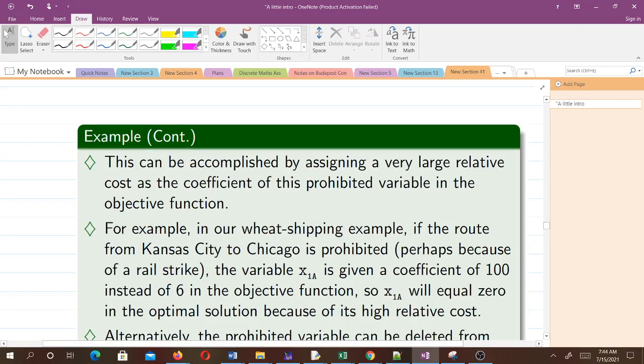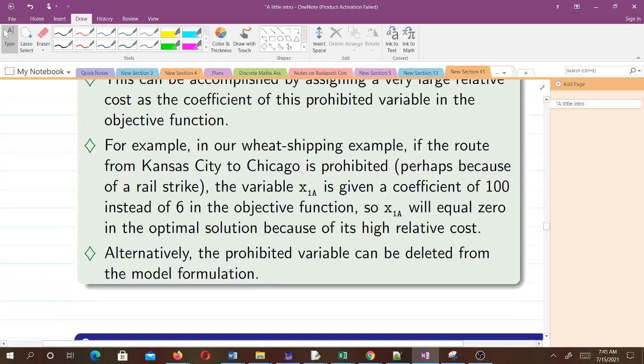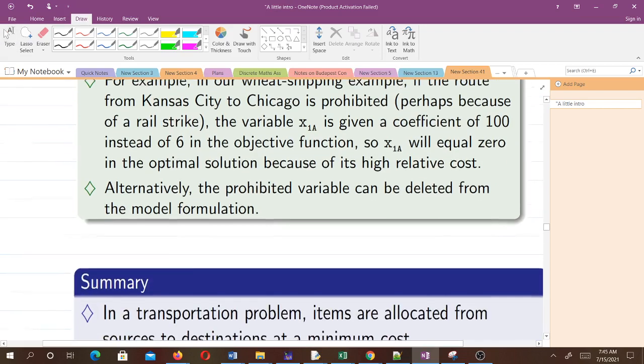So for example, in our wheat shipping example, if the route from Kansas City to Chicago is prohibited, perhaps because of a rail strike, the variable x1a is given a coefficient of 100 instead of 6 in the objective function. So x1a will equal 0 in the optimal solution because of its high relative cost. Alternatively, the prohibited variable can be deleted from the model formulation.